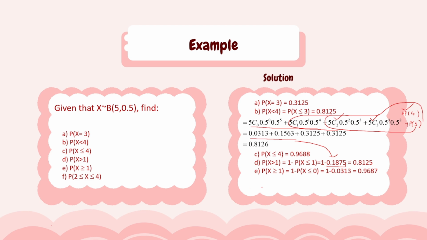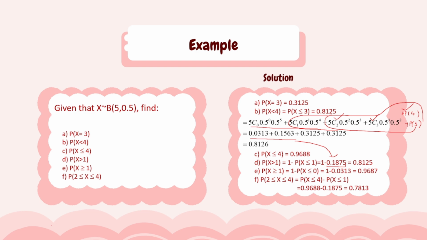I will calculate 2, 3, 4 by taking the probability of x less than or equal to 4, which means x0, x1, x2, x3, x4, and then you minus the probability of x less than or equal to 1. So probability of inclusive 2 to 4, I take probability of x less than or equal to 4 minus probability of x less than or equal to 1.